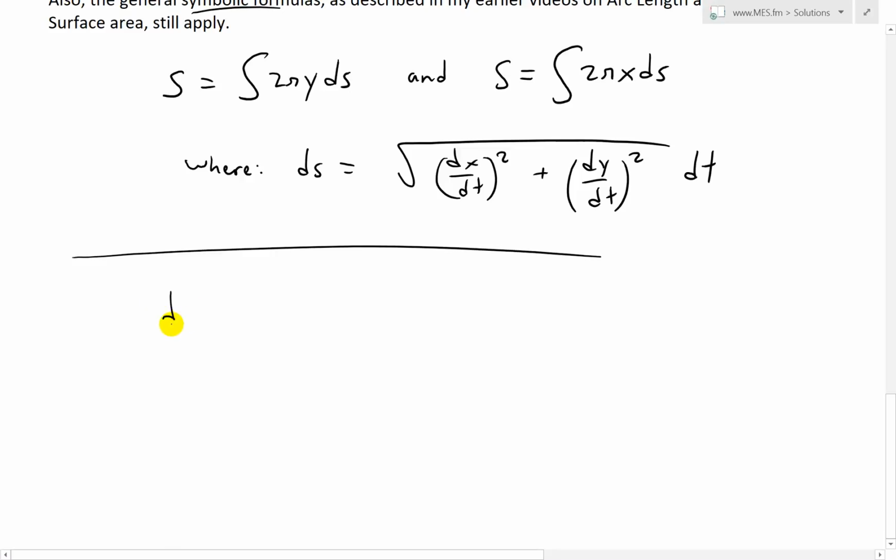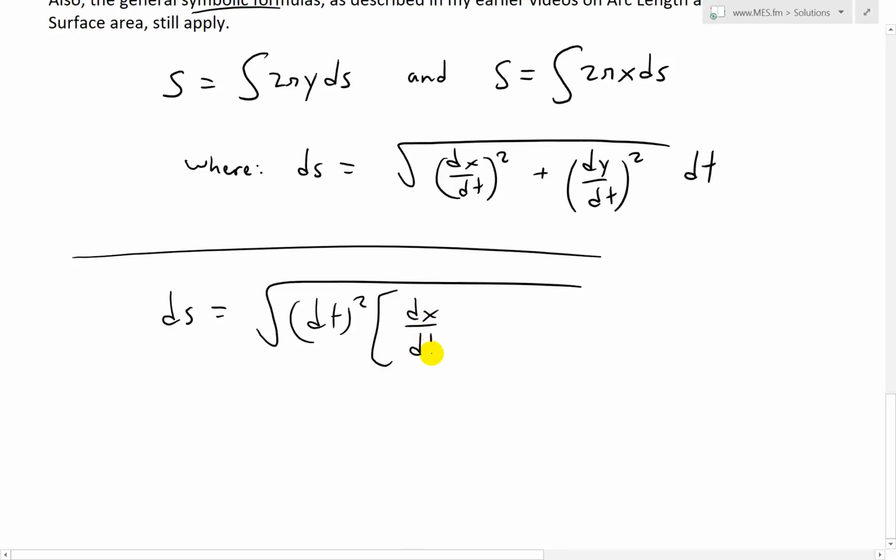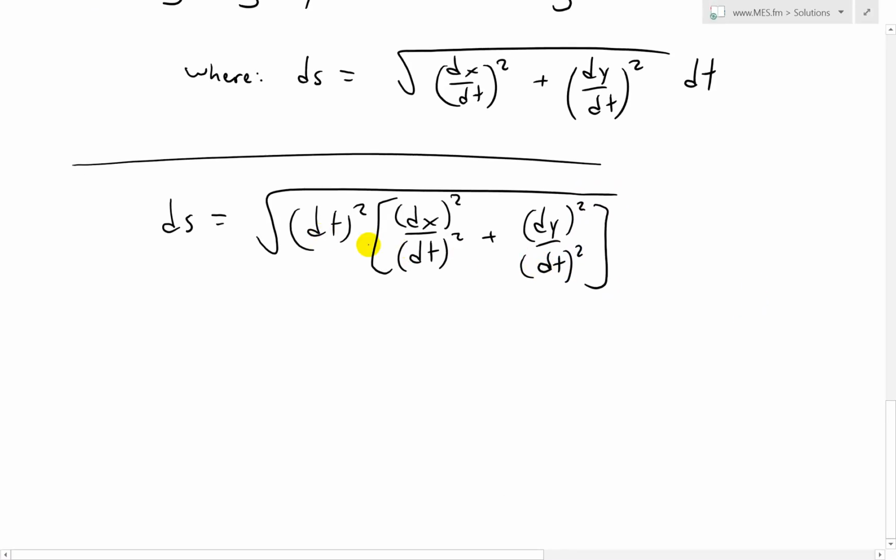So ds equals the square root, and if we square the dt and put it inside, we have dt squared inside, and then we have dx over dt squared plus dy over dt squared, with the top squared and bottom squared, so it's easier to see that we can multiply this inside and those all cancel. What we're left with is the square root of dx squared plus dy squared. This is our ds.